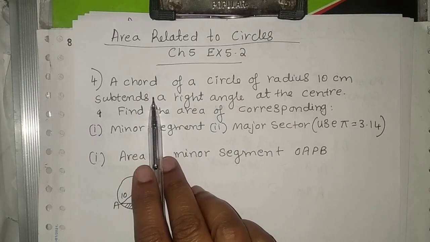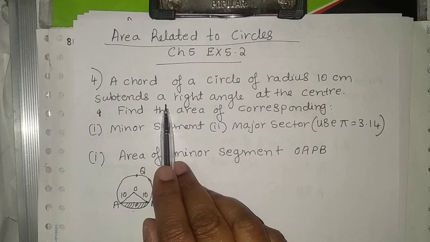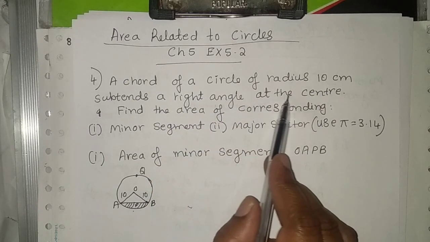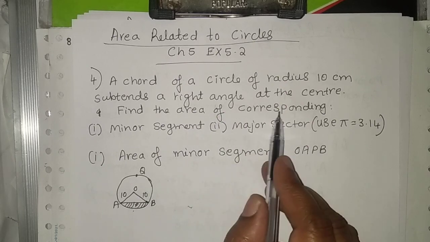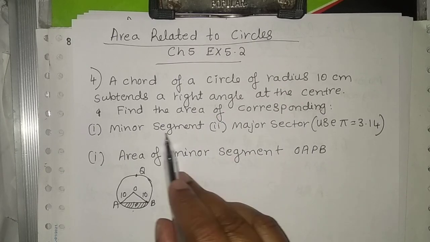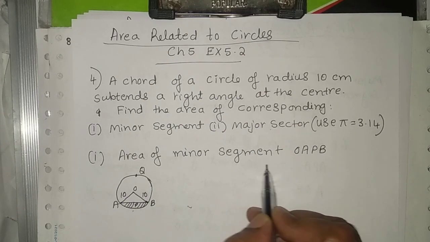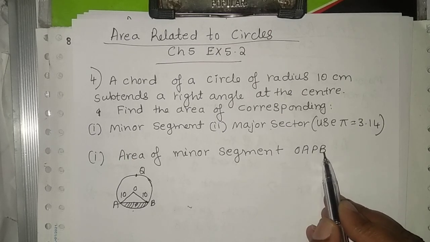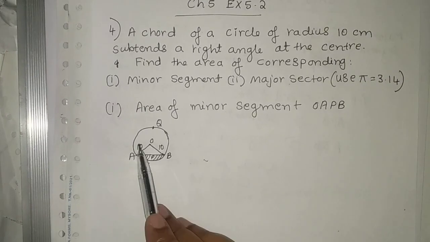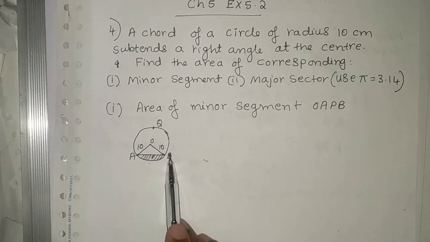A fourth question: a chord of a circle of radius 10 centimeters subtends a right angle at the center. Find the area of the corresponding minor segment and major segment, and area of the sector OAPB.